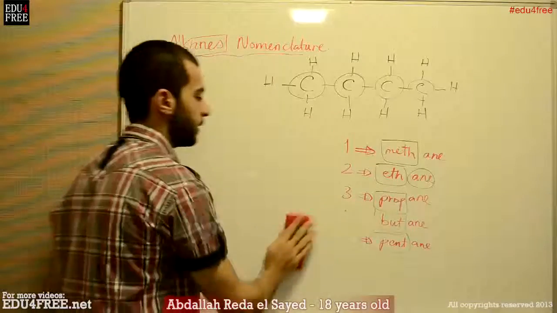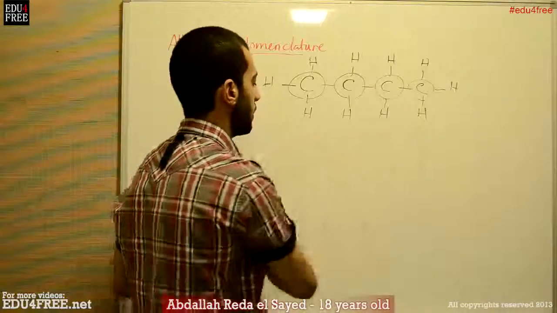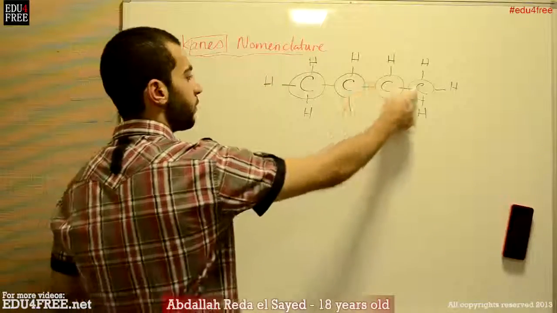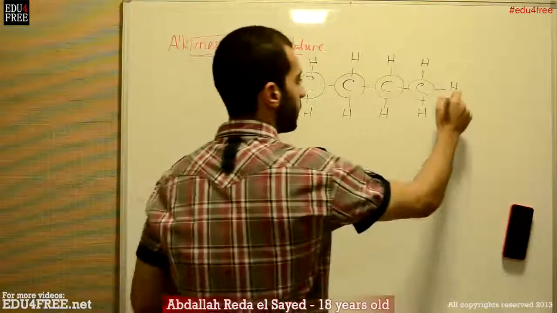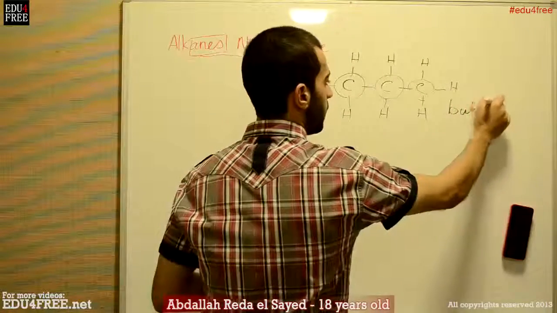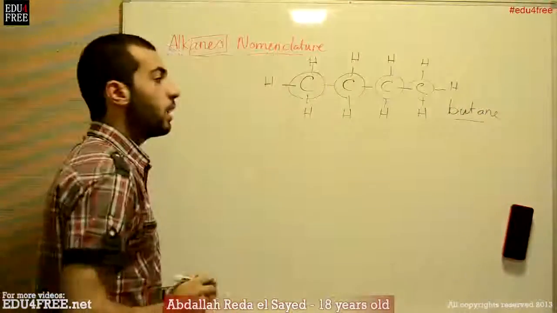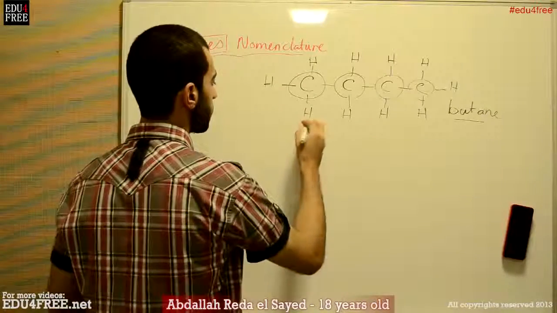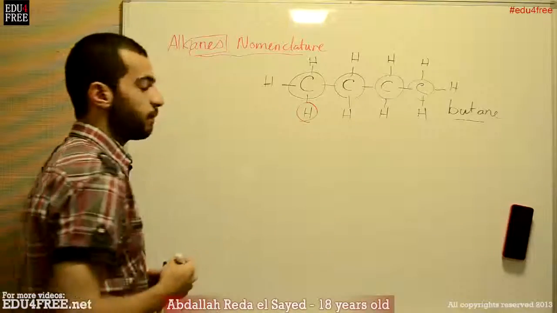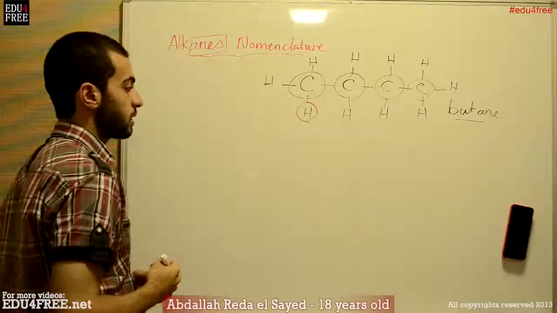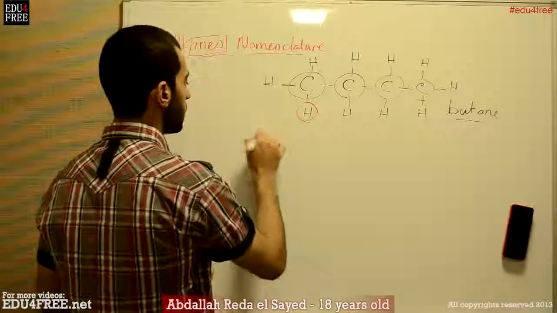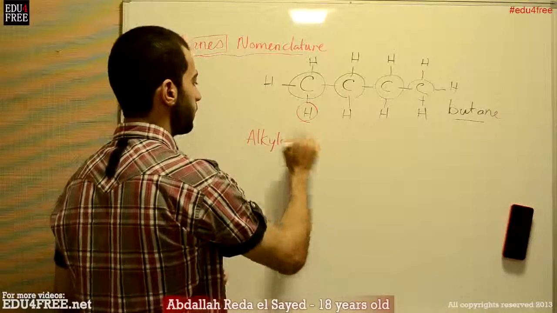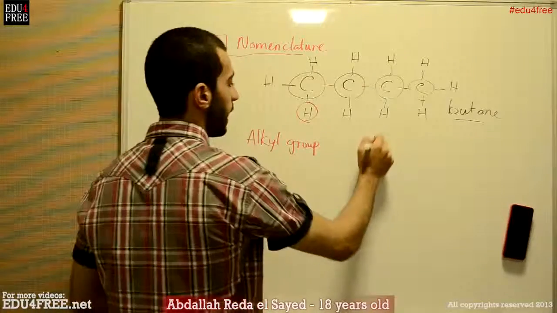What if, so this example is, of course, we have 1, 2, 3, 4 carbons, so this is simply butane. What if I removed one of these hydrogens and I replaced it with something called an alkyl group, or a halogen?